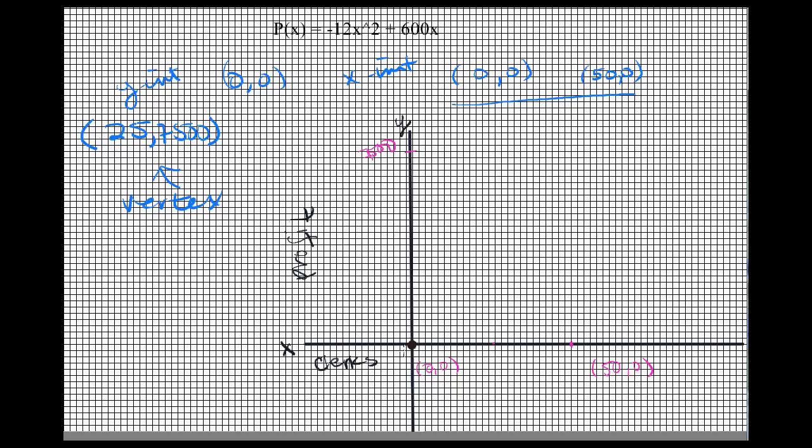I have a graphing program that I use, and so that helps us create that a little bit more to scale. So if we follow that up and we say that this is our 7,500 mark right up here, it's going to be about right in there. And remember, our vertex is going to be U-shaped, not V-shaped, so we know that it's not going to come to a point.